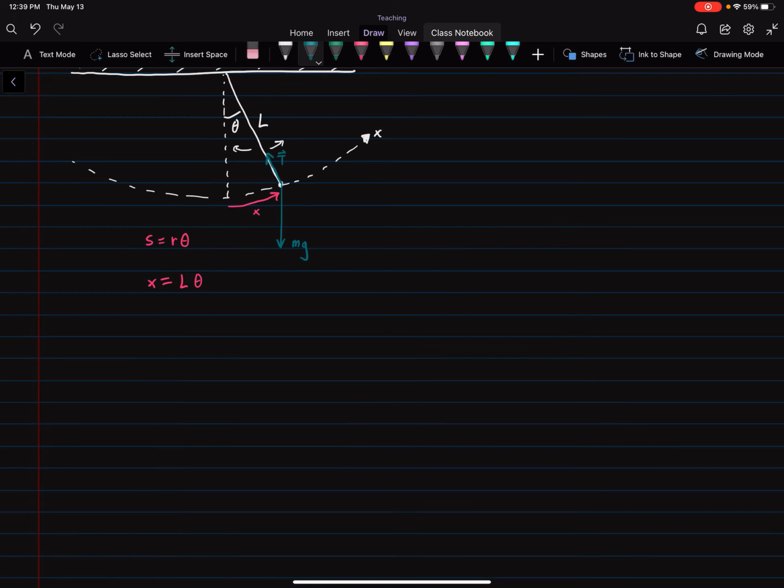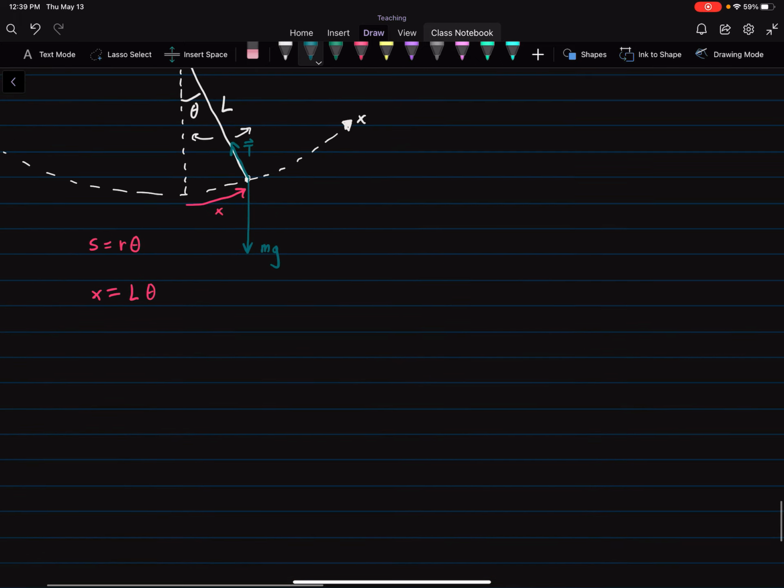So really, if we broke this up into components, we have a component here, which is the radial component of gravity, and we have a component here, which is the tangential component of gravity. That might have been drawn a little bit too long. There we go, something closer to that.